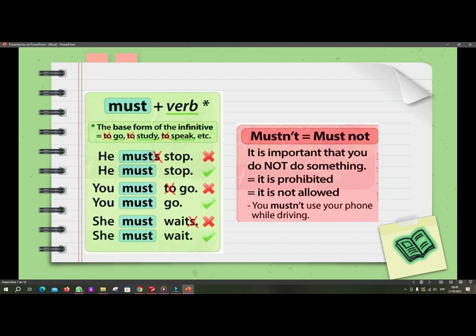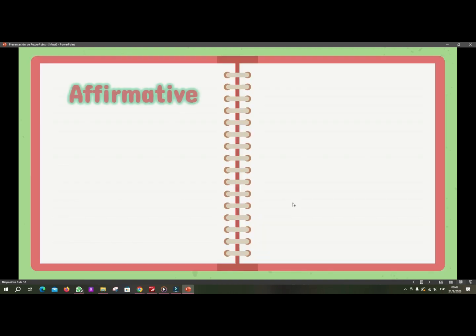So, recuerden que también van a utilizar la forma negativa cuando es importante que no realices algo porque está prohibido, porque no está permitido, ¿verdad? Entonces, en ese caso van a utilizar la negativa. Mustn't, forma abreviada, o must not.